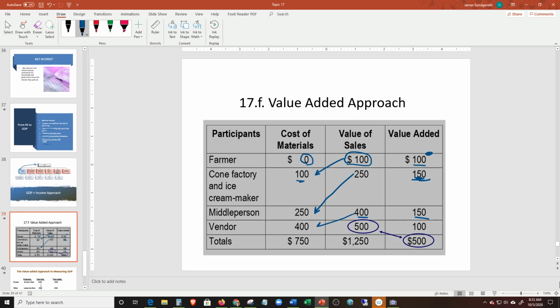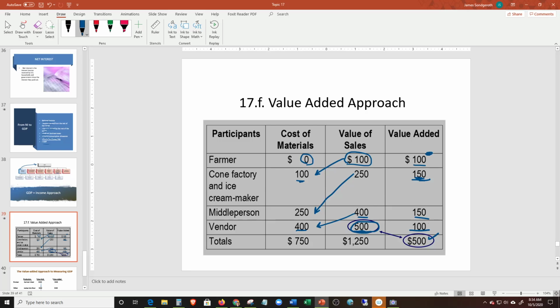That is sold to the final retailer, Baskin Robbins or Amy's ice cream, who buys it for $400, and they sell it to us for $500. That is the value of the final product. And so you can see that Amy's or Baskin Robbins adds $100 of value. So when we add up all the value added, we get $500, which is exactly equal to the cost of the final product.